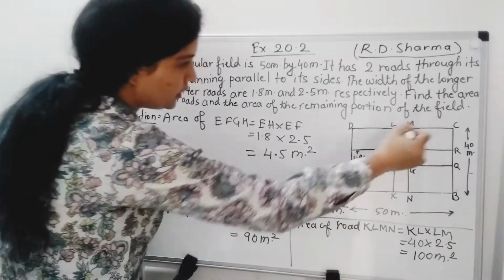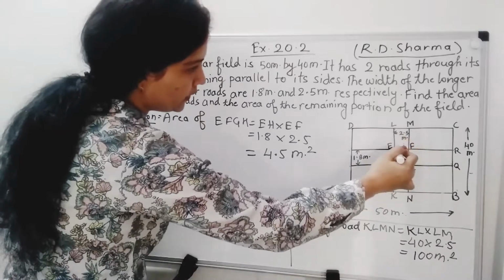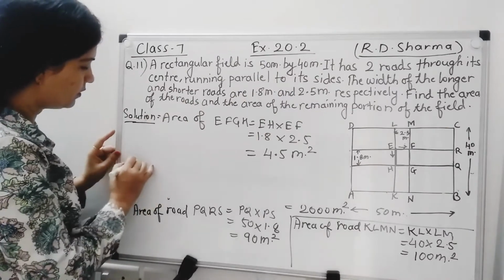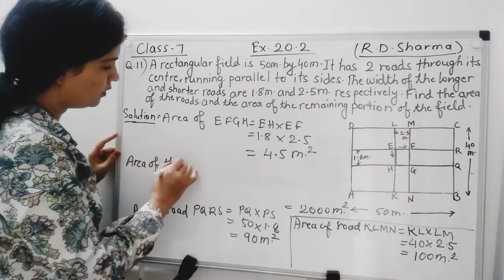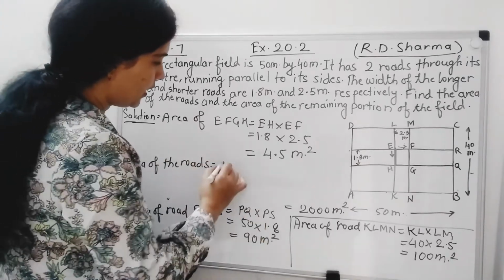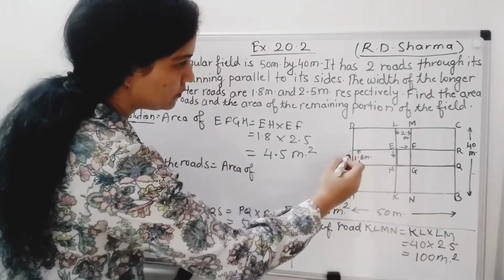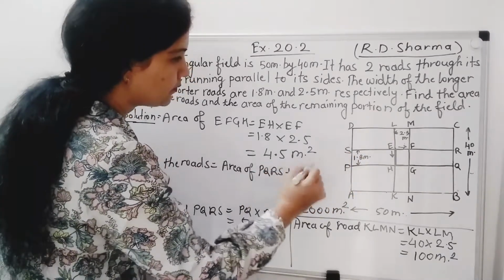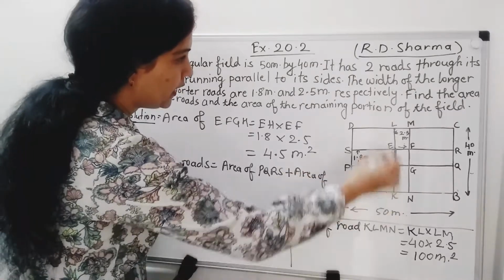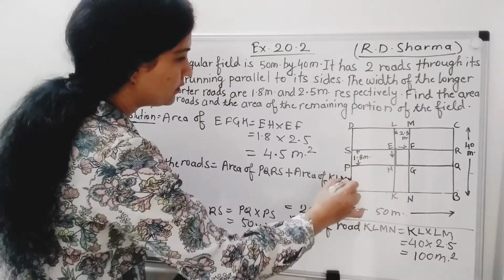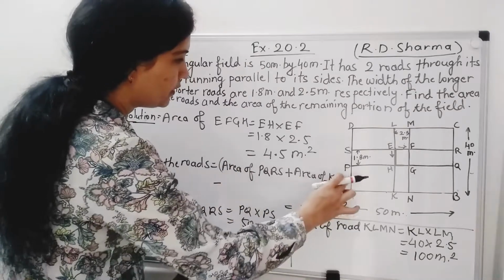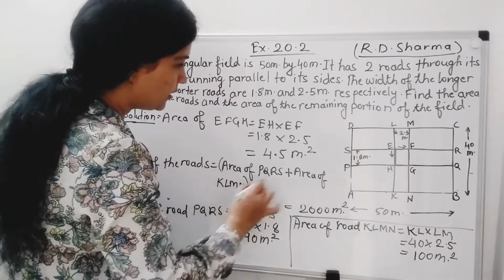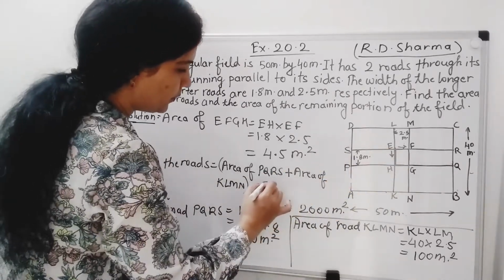Now we got the area of ABCD, and the area of each road. So first find the area of the roads. The area of the roads will be area of PQRS plus area of KLMN, minus area of EFGH, which is the common part.